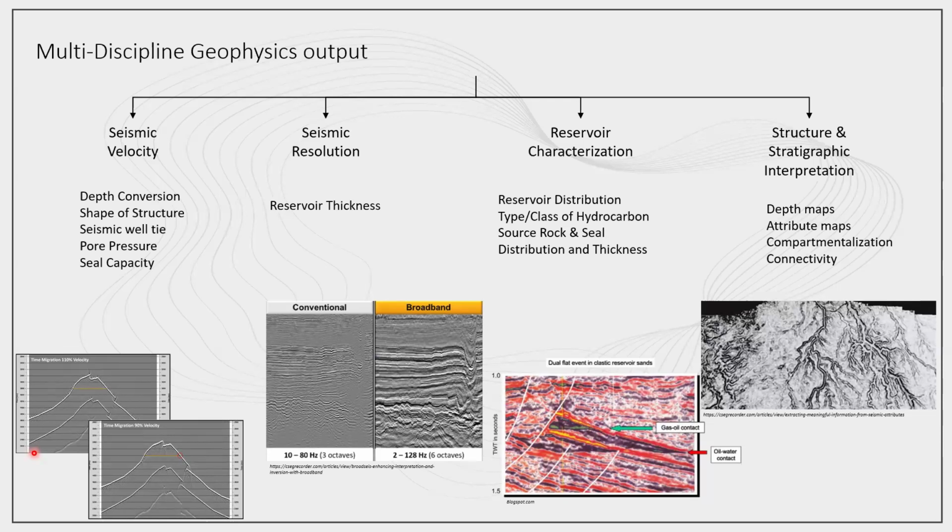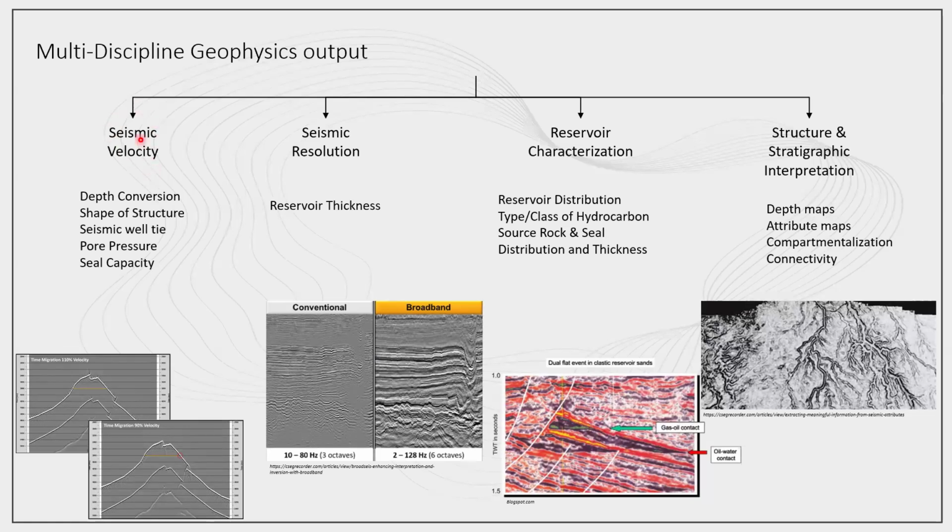The main output from geophysical data are, as we will see from here, seismic velocity, reservoir seismic resolution, reservoir characterization, structure, and stratigraphic interpretation. This is what the outputs are from any geophysical work. Each is giving a list of products that are of main help for other disciplines.